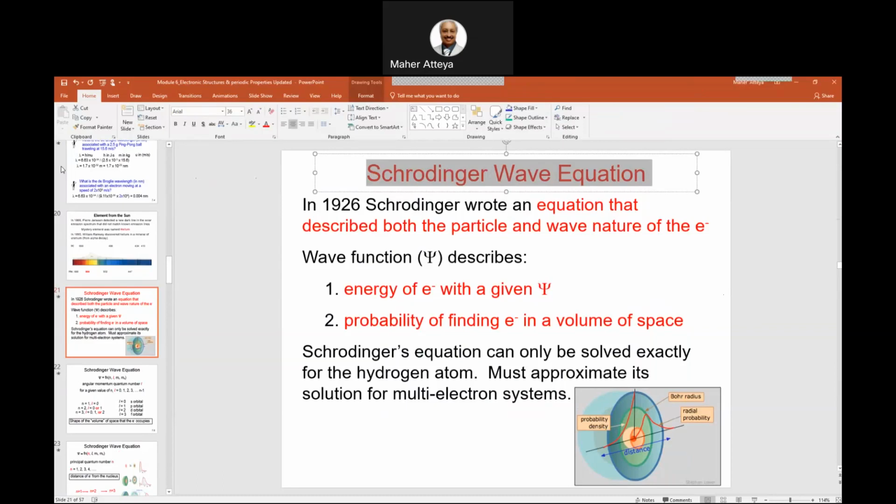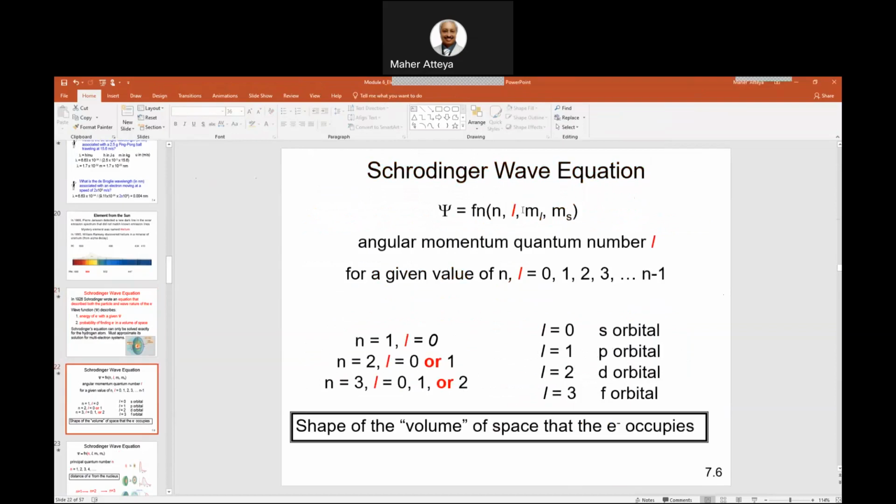So with these mathematical equations, he came up with 4 of them. Here they are, and let me just highlight them in red. Psi is a function that describes the electron density, not only one electron, around the nucleus itself.